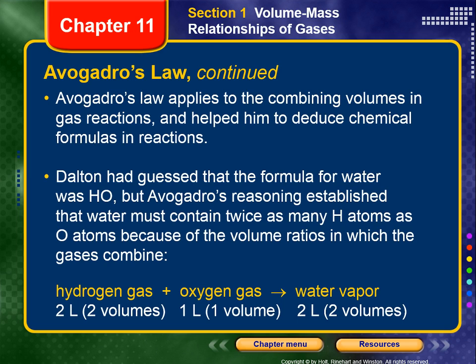But Avogadro's reasoning established that water must contain twice as many hydrogen atoms as oxygen atoms because of the volume ratios in which the gases combine: 2 liters of hydrogen for every 1 liter of oxygen. So instead of combining at a 1-to-1 ratio like Dalton thought, they must combine at a 2-to-1 ratio because it takes twice the volume of hydrogen to react with 1 liter of oxygen.